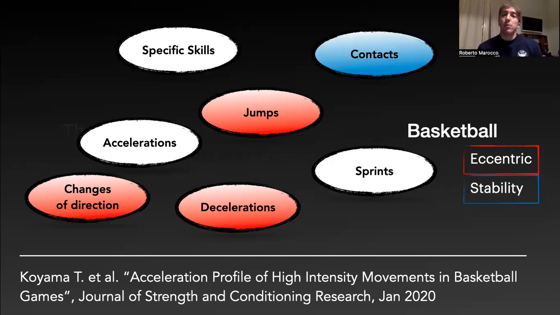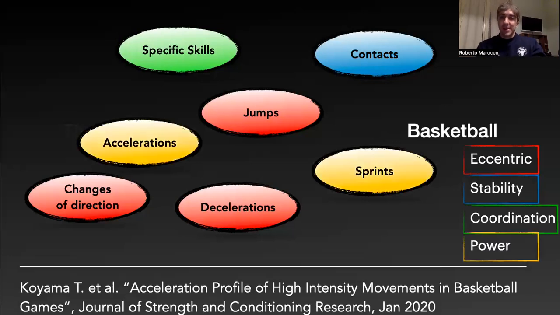If we focus on the blue, contact is really important for the stability aspect. Then, if we consider the technical aspect, coordination is the most important. The last 2, the yellow, are accelerations and sprints, where power is the most important thing.